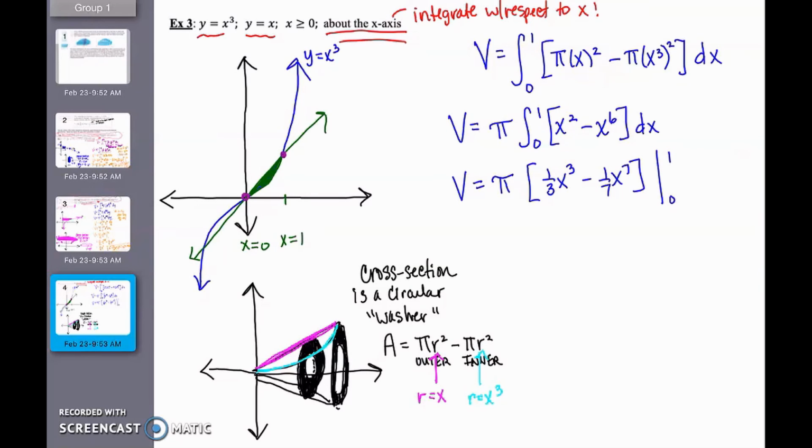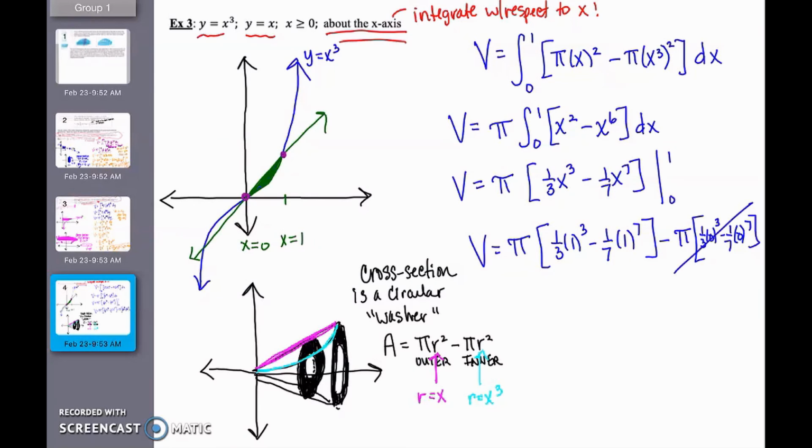So then we just go ahead and we plug in our values. Well, we've got pi times 1/3 times 1 cubed minus 1/7 times 1 to the 7th, minus pi times 1/3 times 0 cubed minus 1/7 times 0 to the 7th, which all of that goes to 0, so we can just ignore that.